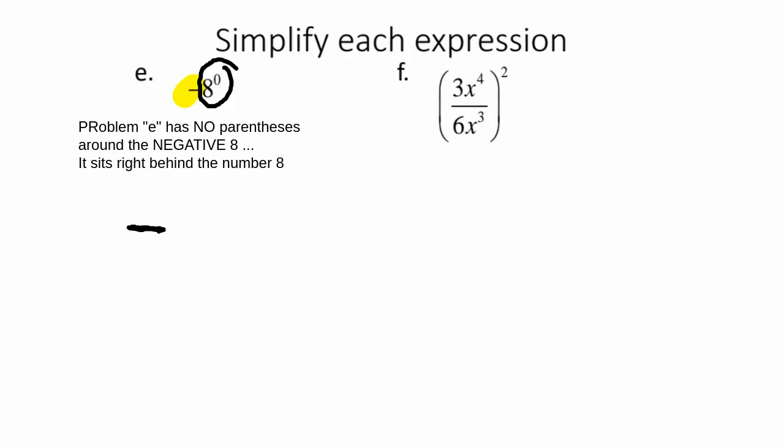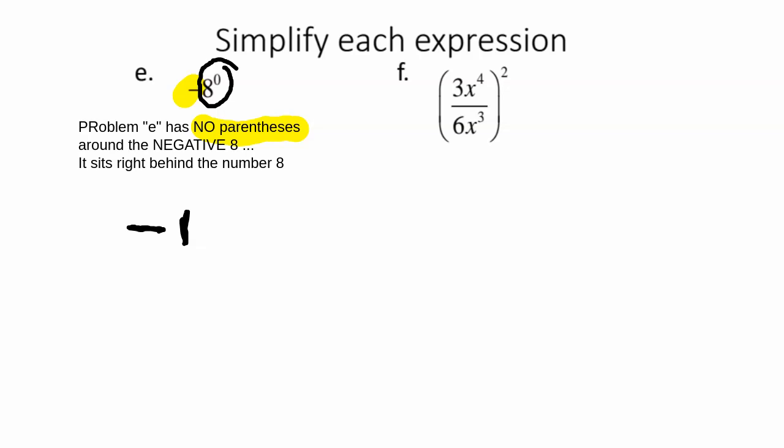The negative is not enclosed. This is a -8 to a power of 0, which means that a -8 to the power of 0 is -1. There is no parentheses here.